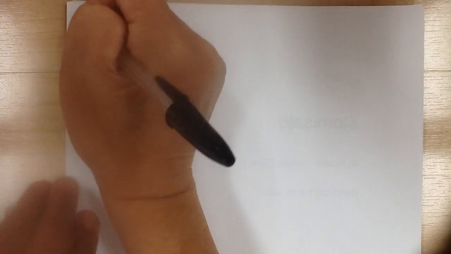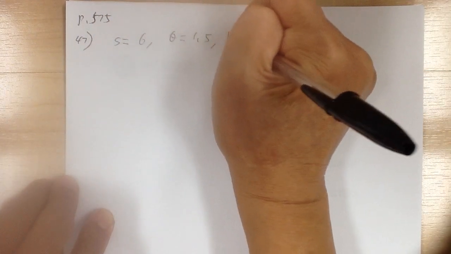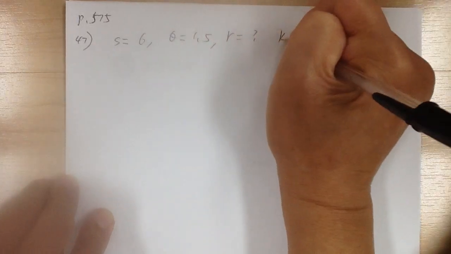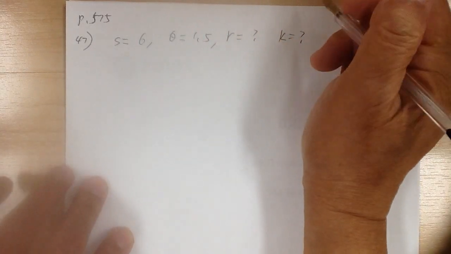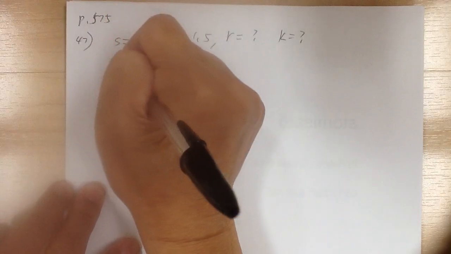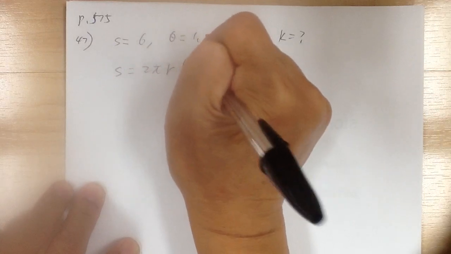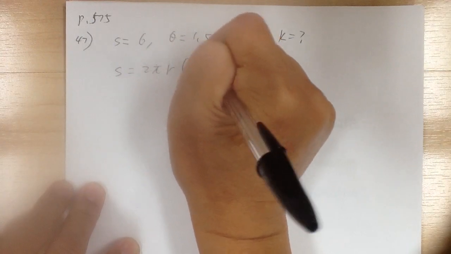Okay, number 47, you have s equal to 6, theta equal to 1.5, r equal to question mark, K equal to question mark. So again, s is given, so let's use the s formula. So s equal to 2 pi r times the fraction of the circle.